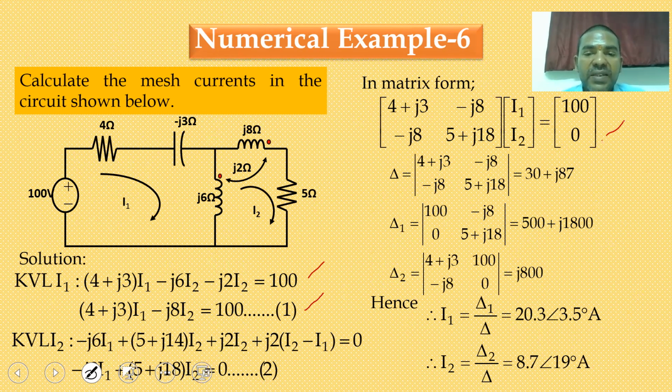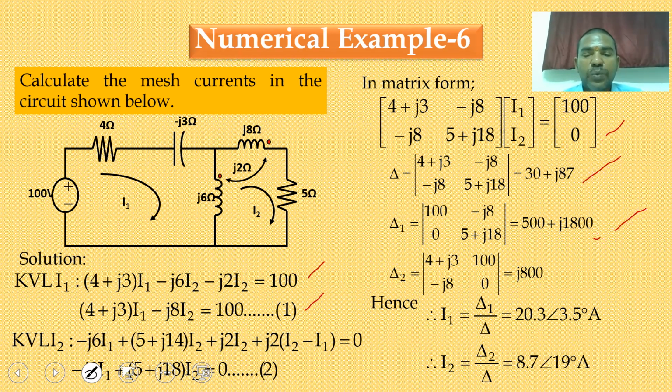The determinant delta is 4 plus J3, minus J8, minus J8, 5 plus J18. If you calculate, you get 30 plus J87. Then delta 1 is obtained by replacing the first column by the right-hand side: 100, minus J8, 0, 5 plus J18. Substituting, finally you get the determinant value 500 plus J1800.